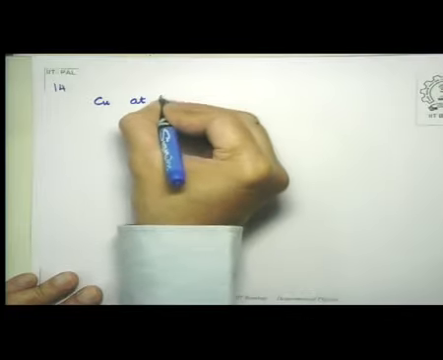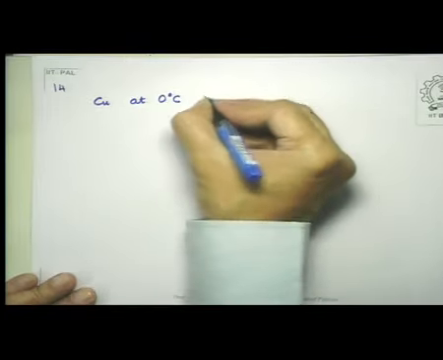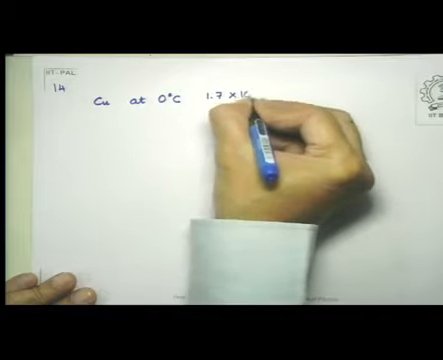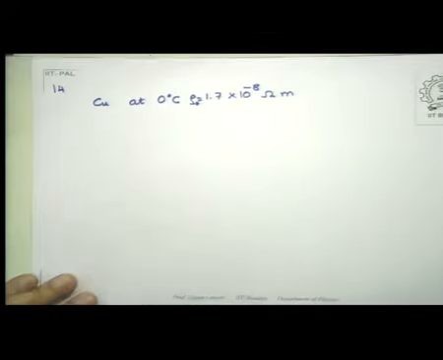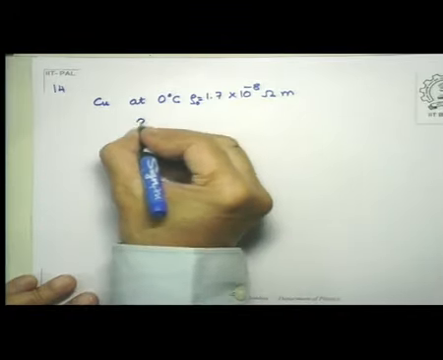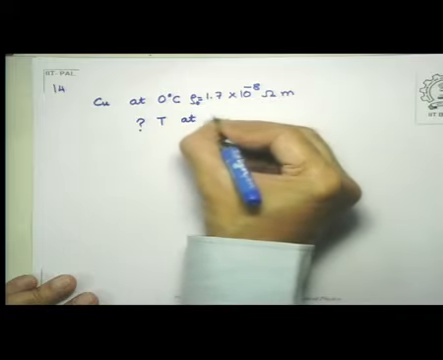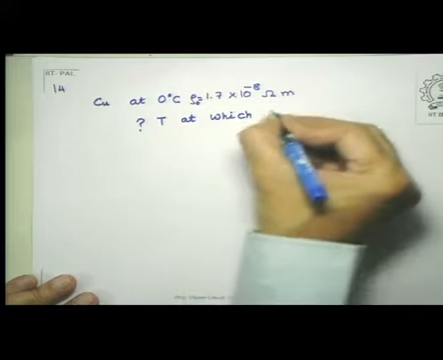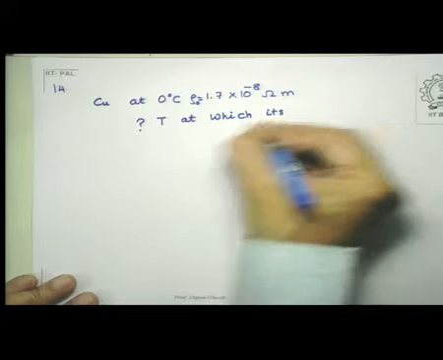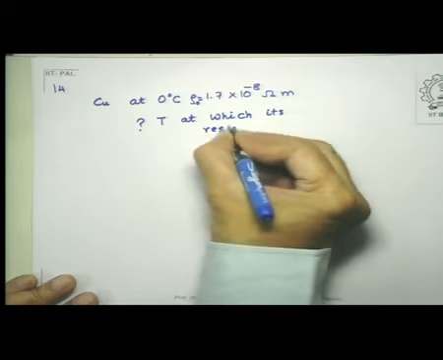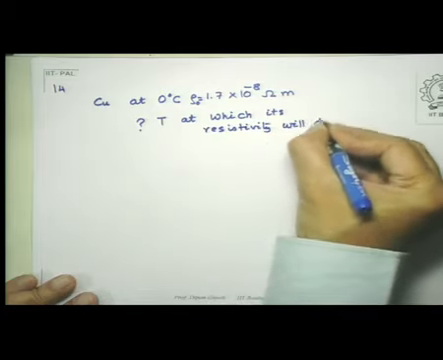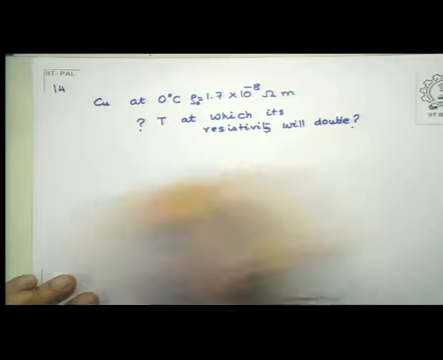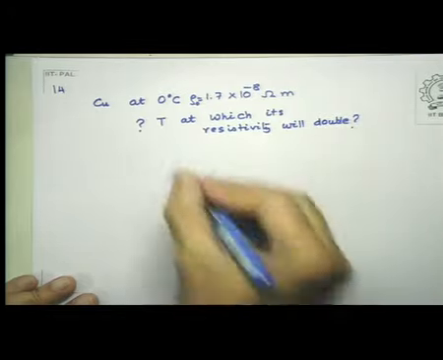Okay, let me conclude this lecture by saying that copper at 0 degrees has a resistivity of 1.7 into 10 to the power minus 8 ohm meter. I am asking what should be the temperature at which its resistivity will double. Look at this.